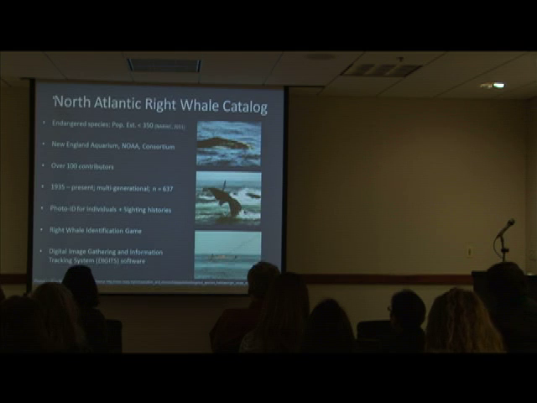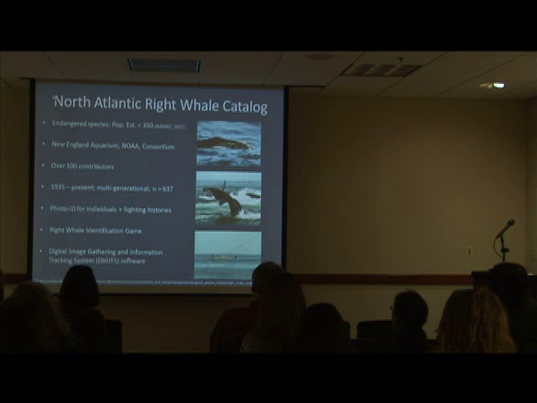They also have a photo ID page for each individual currently in the database. There are about 637 whales, 637 individuals. Along with those individuals, and showing their particular characteristics so that you can identify them, there's a sighting history that accompanies that information. I'll show you this in just a moment.